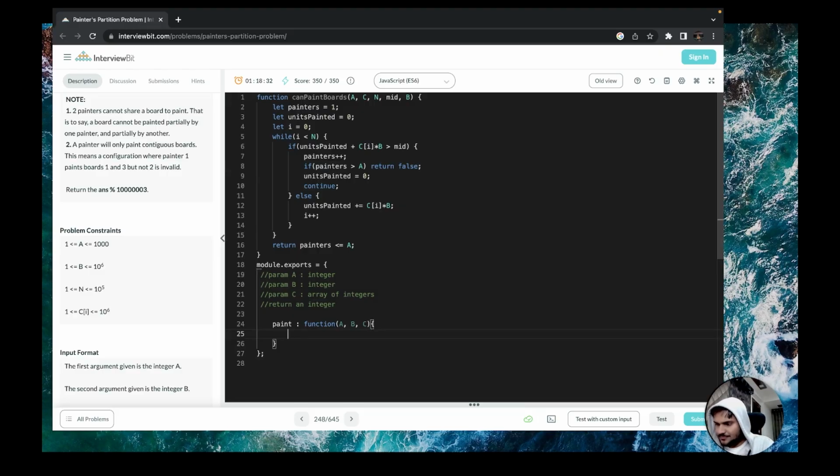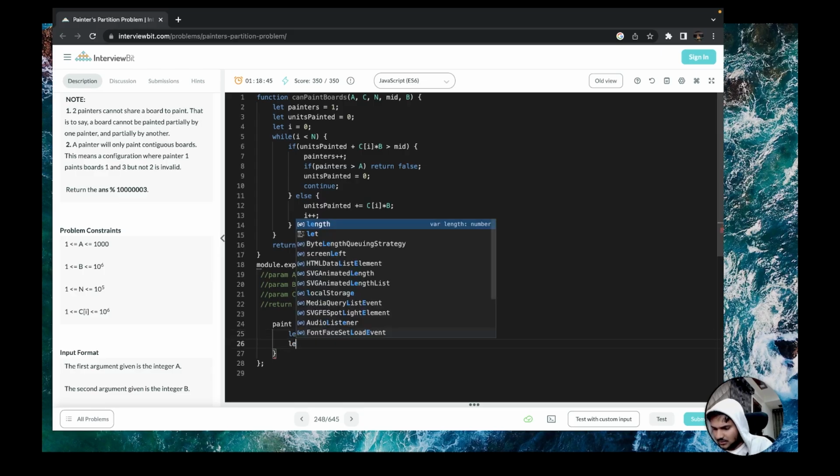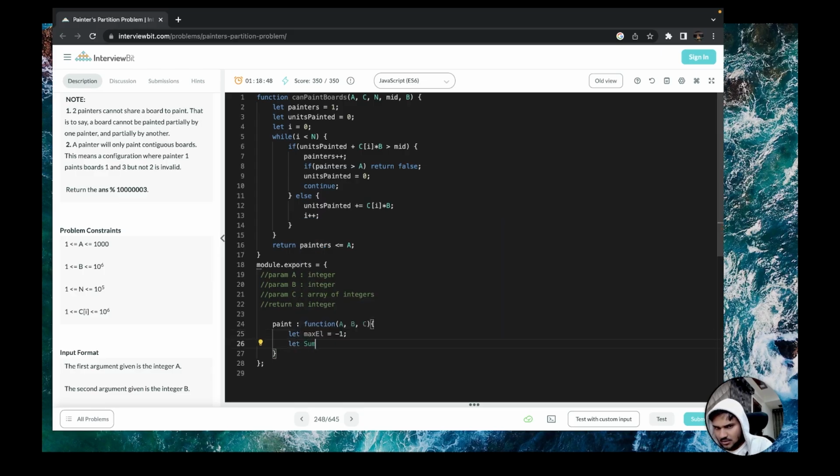Okay. Now let's try with the binary search. We'll say let low is equal to, let's track the max and the sum of the array. So we'll say let max element is equal to -1. Let summation is equal to 0.